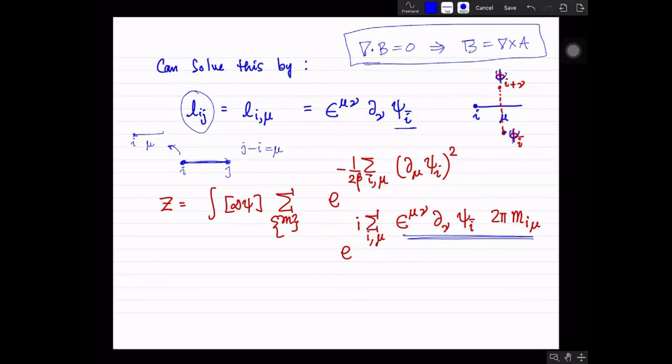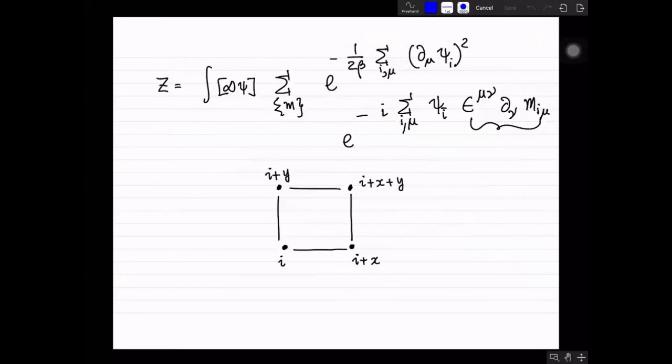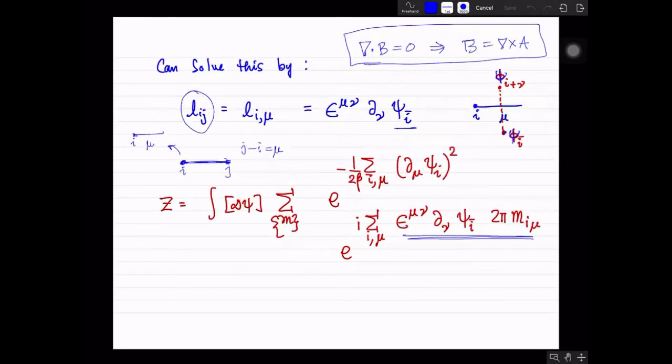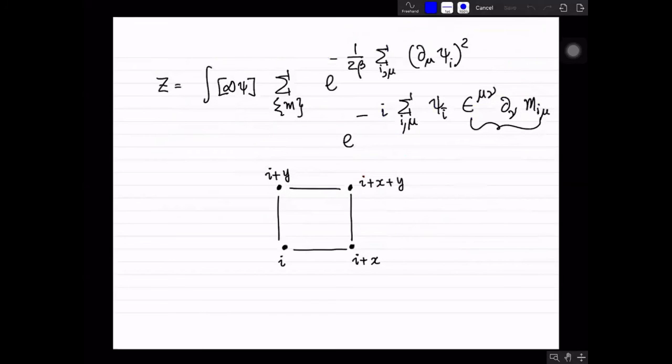Now let's do a partial integration, and put the differential acting on M. So that's this object.